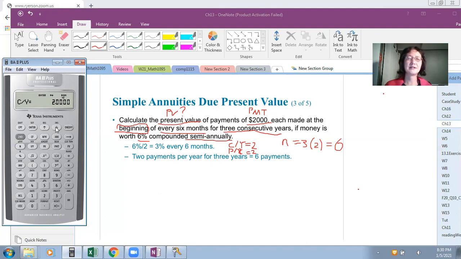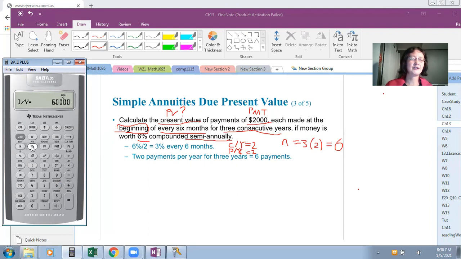Down arrow key. CY is 2. Enter. Second quit. 2,000 is a negative PMT. 6 is term N. And the interest is 6%.